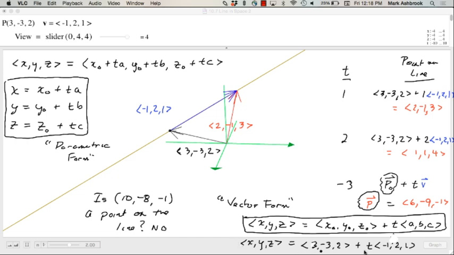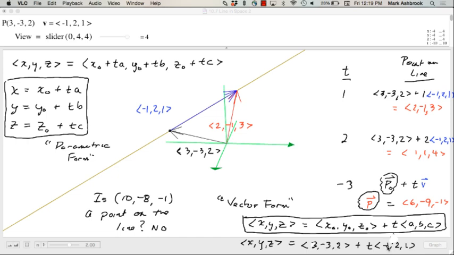I want to keep it in this form, but represent the points in a different way. You can scale the other vector, not the original point vector, but the other vector by 2, so you can do negative 2, 4, 2.